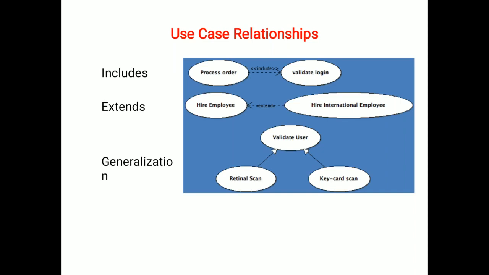So for login, username and password both are important. So those are included. When this is there, some previous use cases you have to execute automatically, and as soon as they are done, your current use case will be completed. So this is the include relationship.